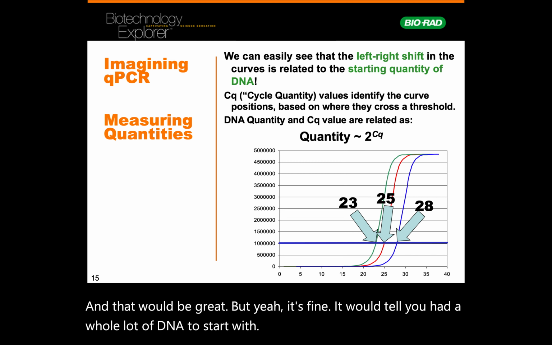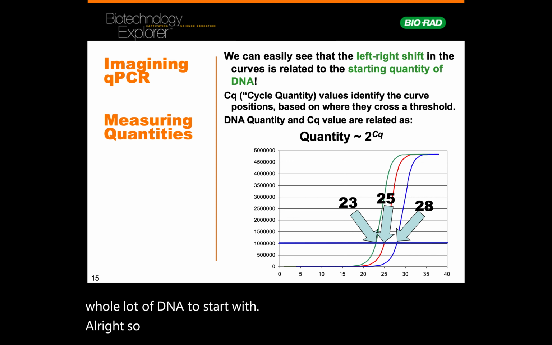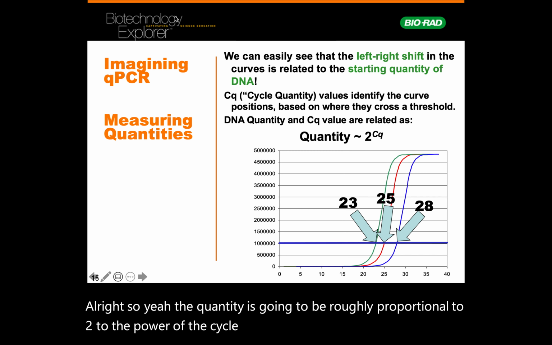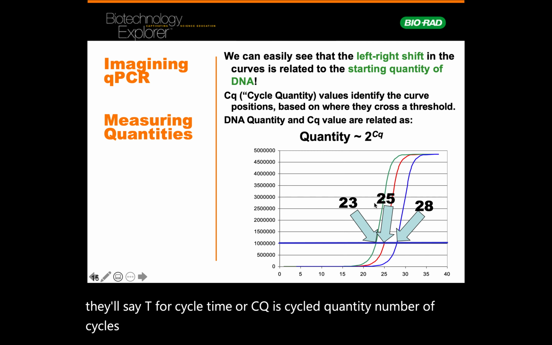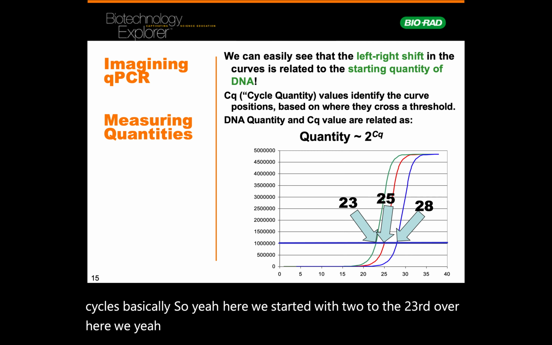All right. So the quantity is going to be roughly proportional to 2 to the power of the cycle time, or cycle quantity. Sometimes they'll say CT for cycle time, or CQ for cycle quantity, number of cycles. Here I had 2 to the 23rd, here we had 2 to the 25th.